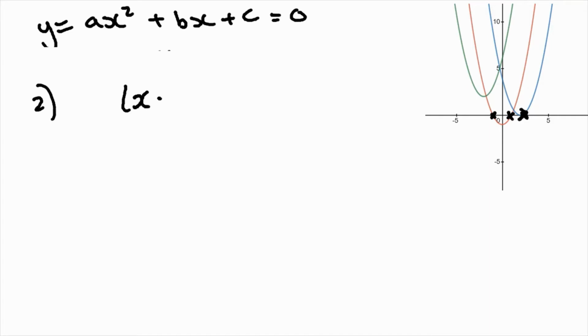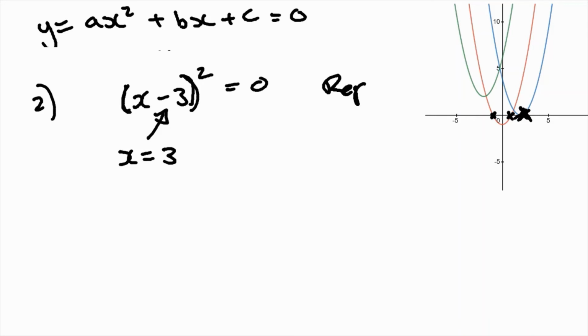So if we have something like x minus 3 squared equals 0, the root being x equals 3, the graph would only cross once at positive 3. So it's when you have this bracket squared that you have these repeated roots, and it only crosses the x-axis once.